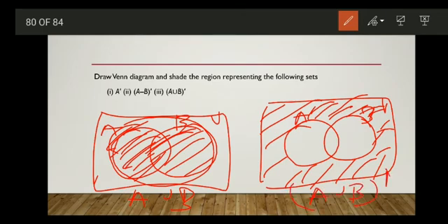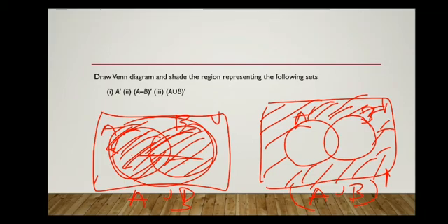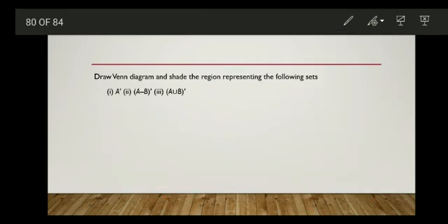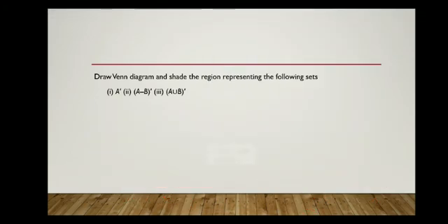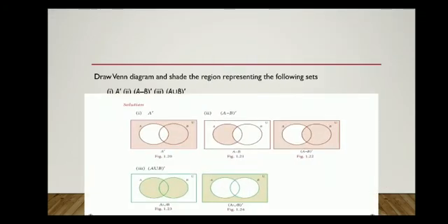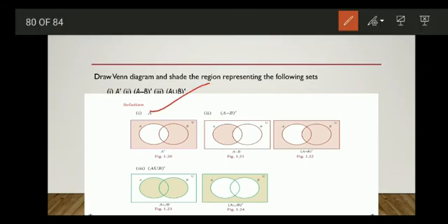So here we have A union B and A union B complement. We are not shading the part A union B. We are shading portions other than the portions of A union B. That will be A union B complement. So, this is A complement.